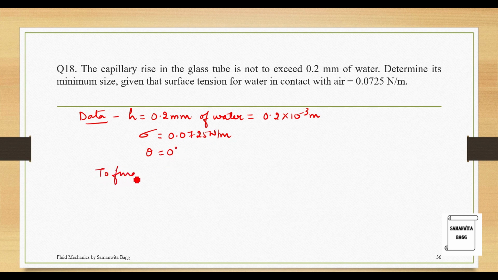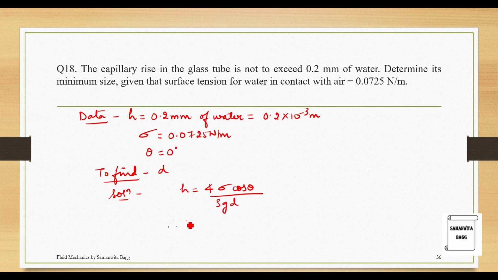So I have to find the value of D. We know that H is equal to 4 sigma cos theta upon rho GD.